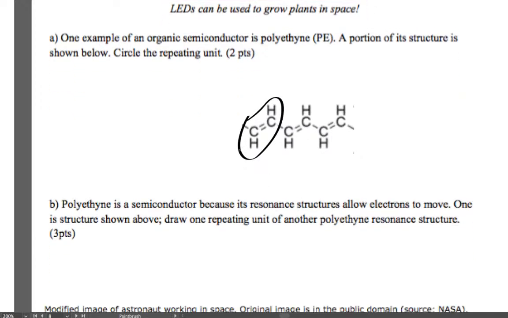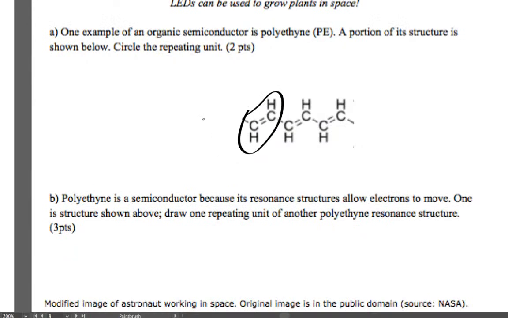Polyethylene is a semiconductor because its resonance structures allow electrons to move. One is the structure shown above. Draw one repeating unit of another polyethylene structure. So yeah, I would say the other structure would be drawn like this.